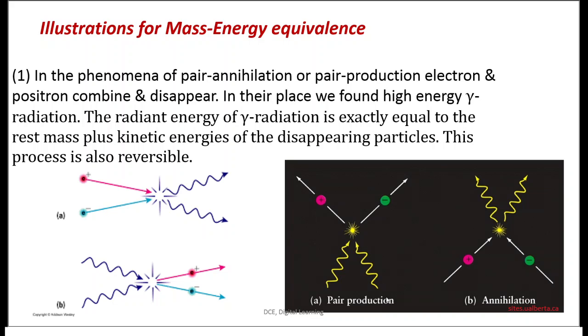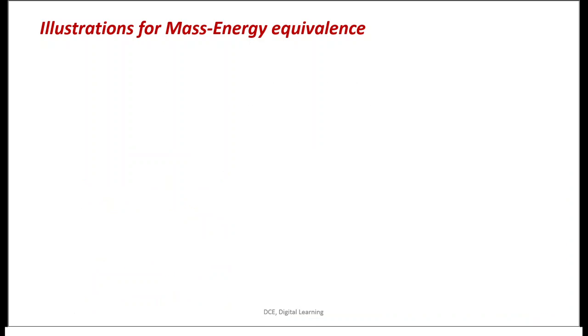Here in pair production, the two high energy gamma radiations combine together to form a positron and electron. Here a positron and electron combine together to form high energy gamma radiation. This is one example of mass energy equivalence.